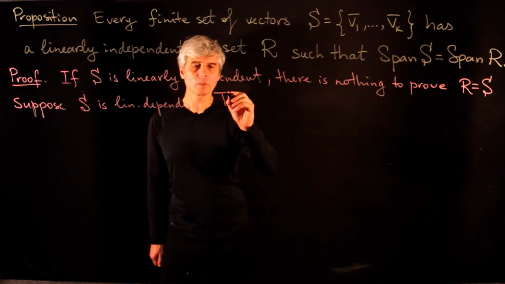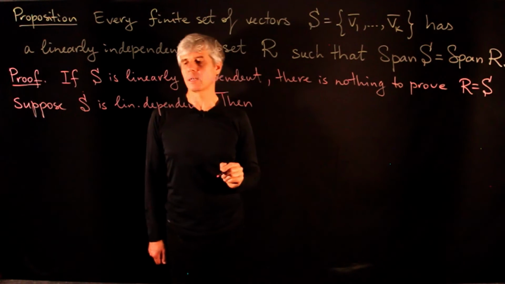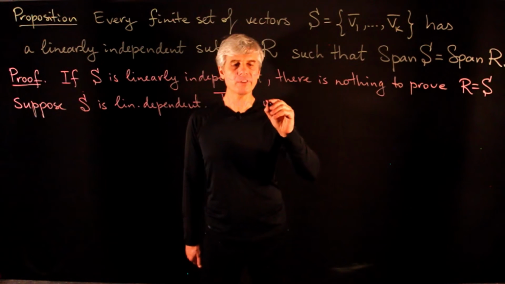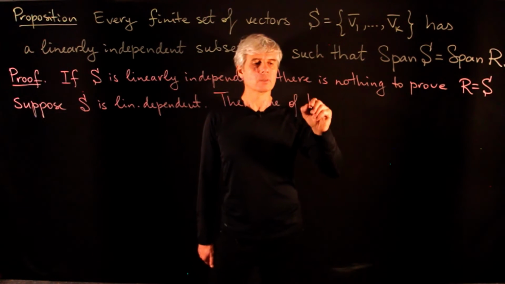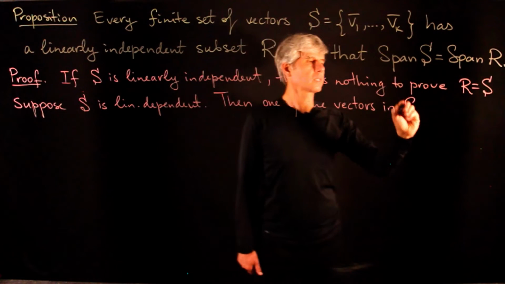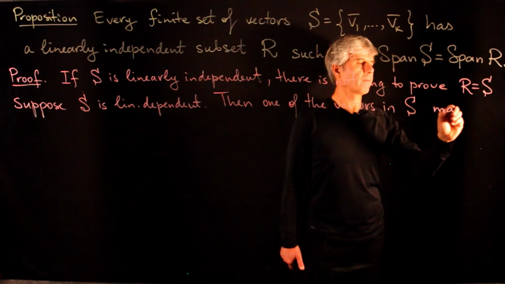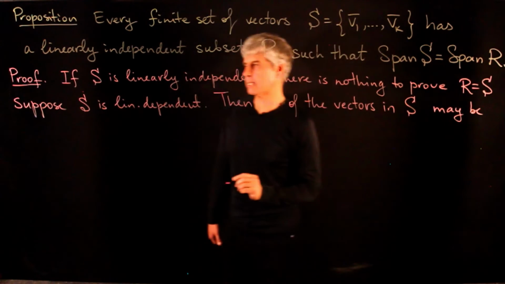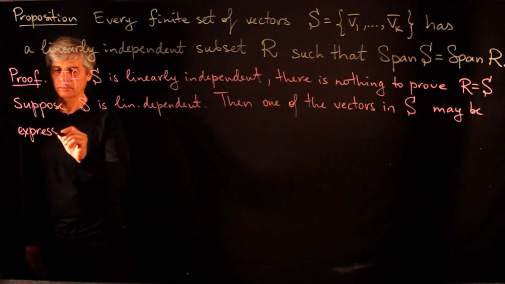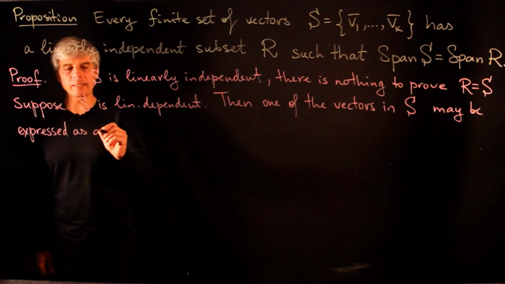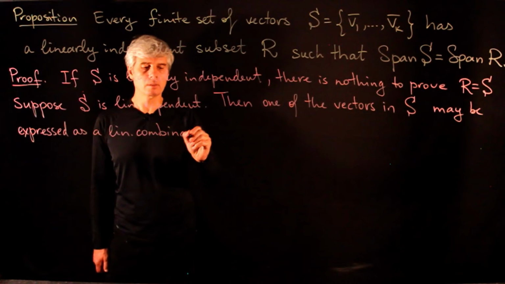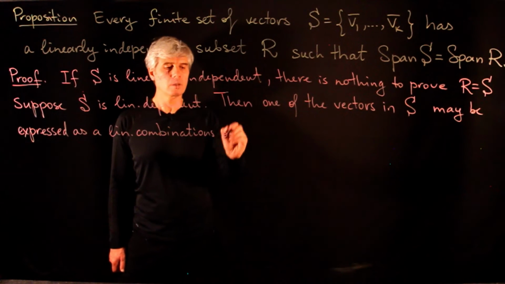Then, by what we proved earlier in the lecture on linear independence, one of the vectors in S may be expressed as a linear combination of the others.